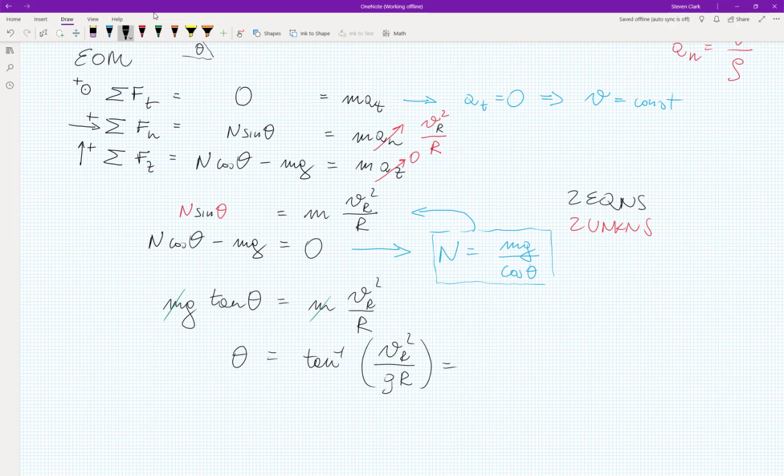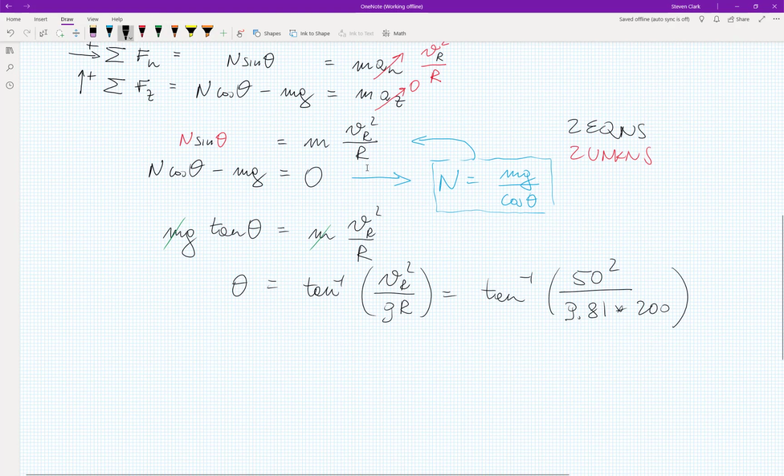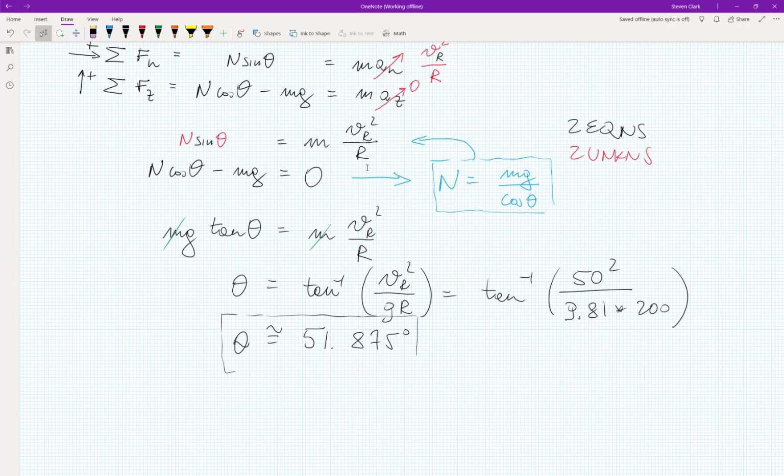Okay, let's plug in values. This will be 50 meters per second, 9.81 times 200. If you grab your calculators, you will obtain that our theta is approximately 51.875 degrees. Answer A.